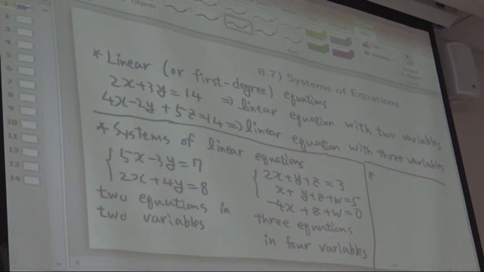And when you have a system of linear equations, we typically need to solve or find the values. The values which make these two equations true statements, those x and y values, we call a solution of the system. So a solution of a system is a solution that satisfies all the equations in the system.